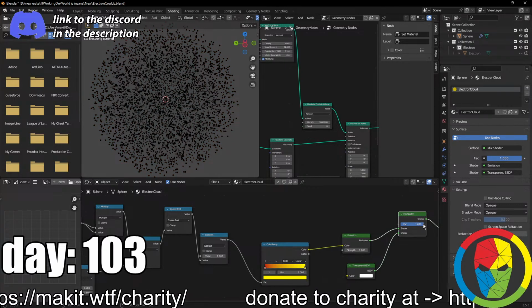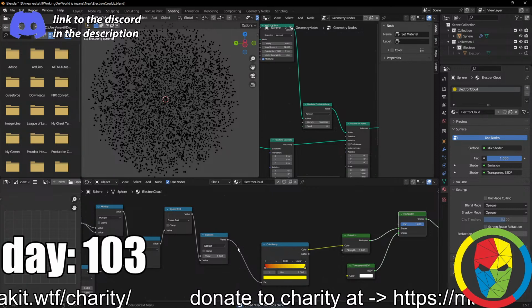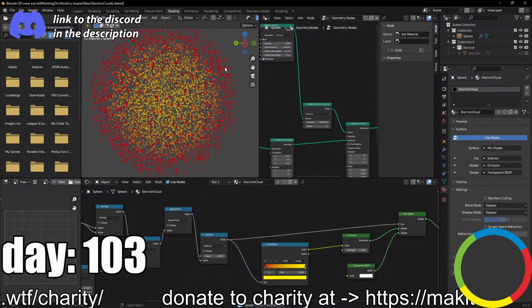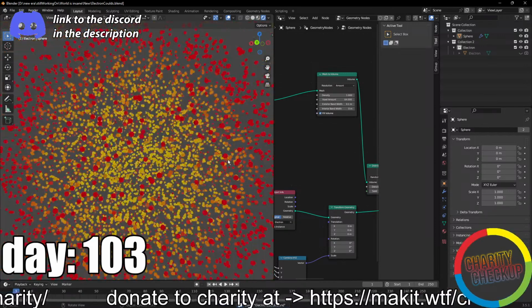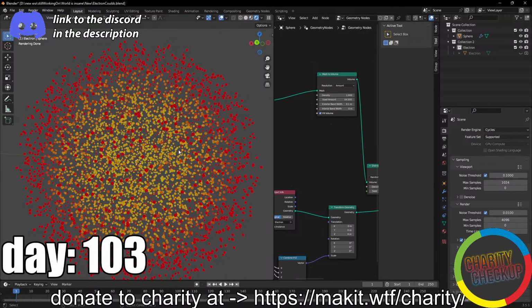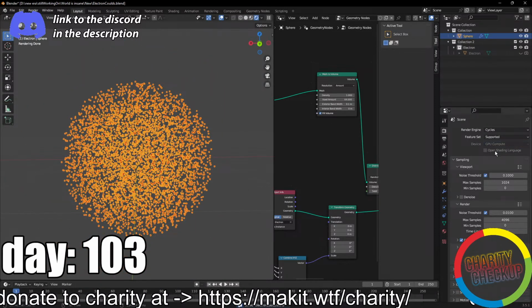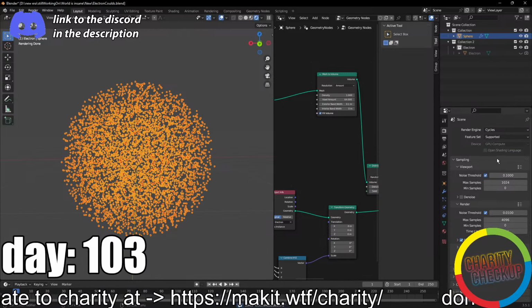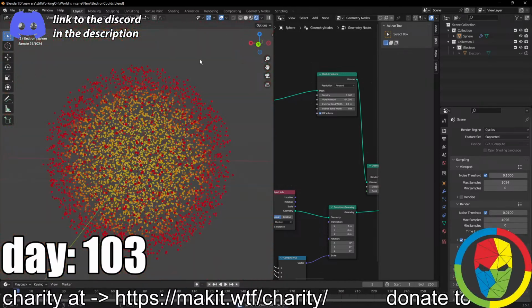It just goes straight to black. Maybe it's just a glitch caused by Eevee. Why should you compute dark? Okay, I don't have time to get into it.